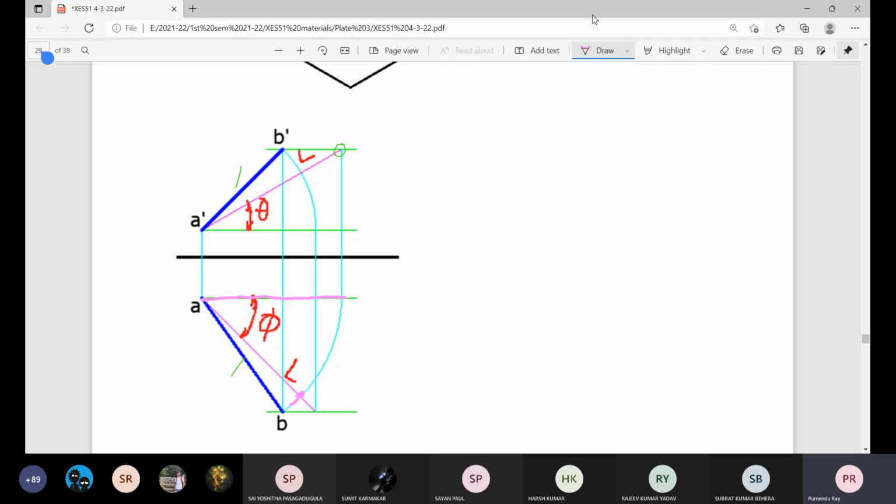Simply rotating this length, that is this circular arc, means this length is length of plan L cos theta.